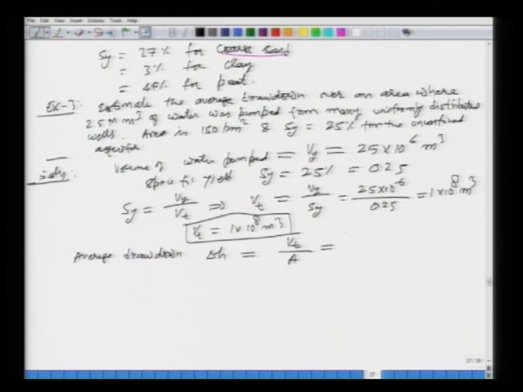So, that will be 1 × 10^8 over the area of 150 square kilometers. You multiply this by 10^6, since this is cubic meters and this is square meters. So, it will be about 0.67 meters. The drawdown is about 0.67 meters or 67 centimeters.